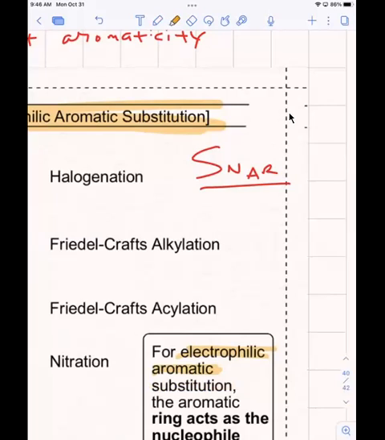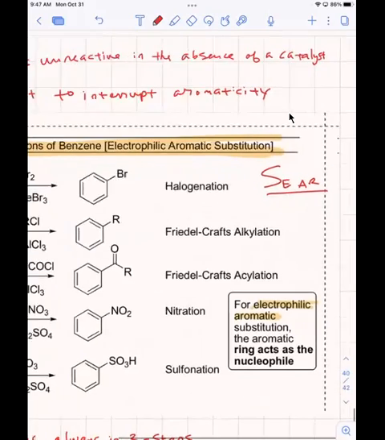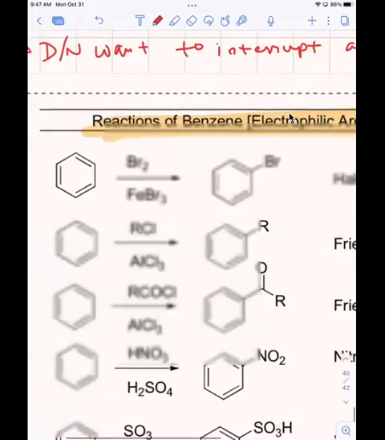Sorry. If it was nucleophilic aromatic substitution, then the E would be an N. So what we're doing in this case is substituting.